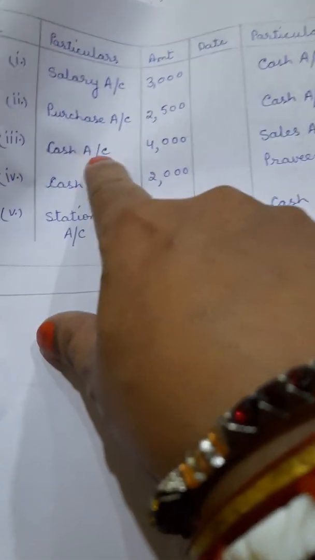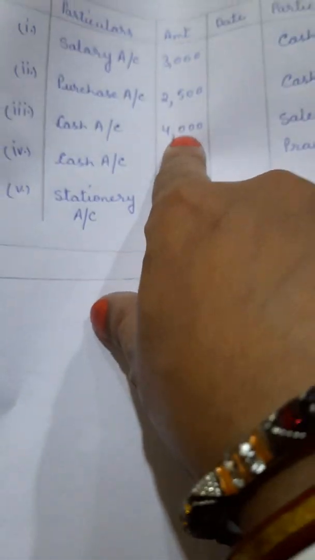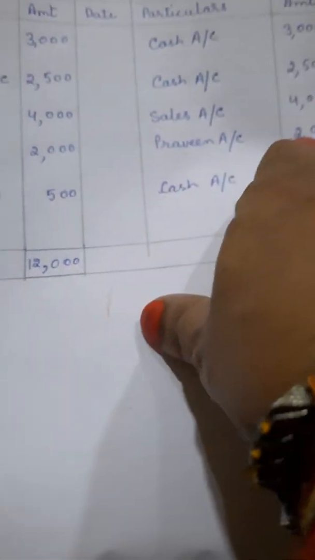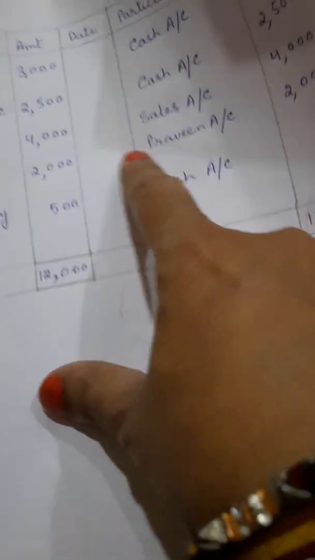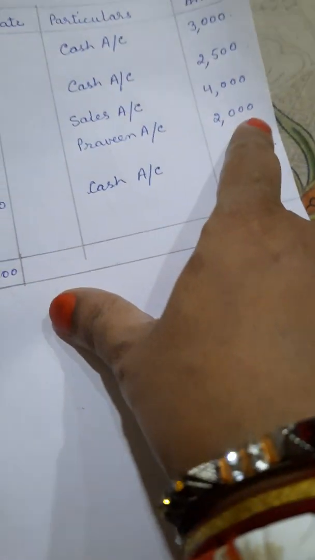Cash account rupees 4000 on the debit side and sales account 4000 on the credit side. Now number 4, I receive cash from Praveen rupees 2000. So cash account 2000 on the debit side and Praveen account 2000 on the credit side.